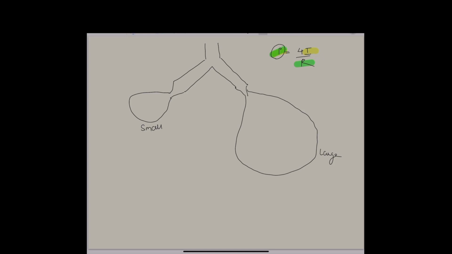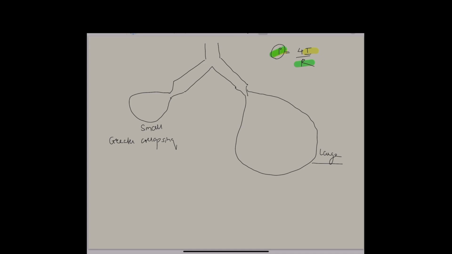Here, the small alveolus has a greater collapsing tendency than the large alveolus. Why does it have a greater collapsing tendency? Because it is small, so it can collapse very easily compared to the large alveolus.